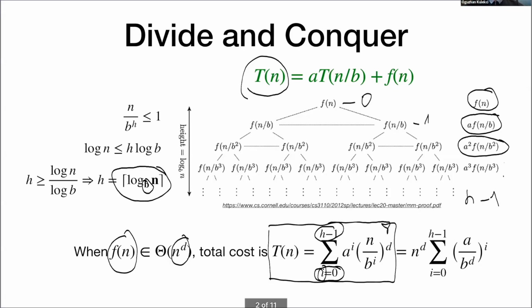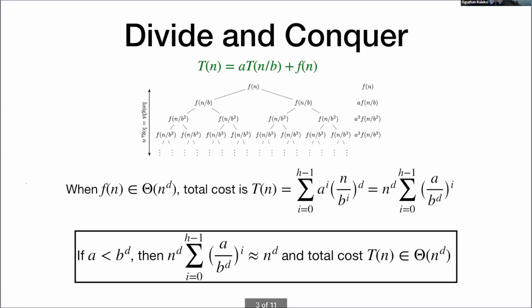If you do it, you will see that this is equal to n to the power of d times the sum, for i equal to 0 starting from the root up until the leaves, of a divided by b to the power of d, raised to the power i. So this is my cost.